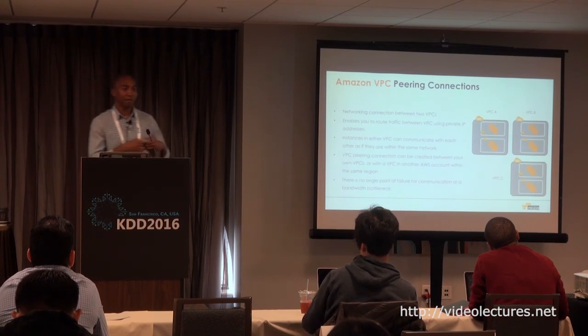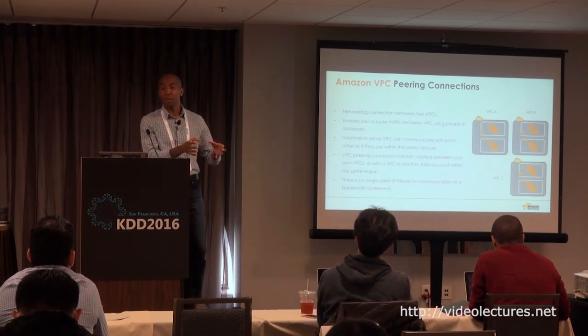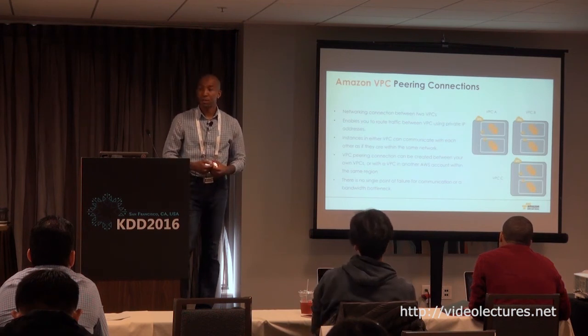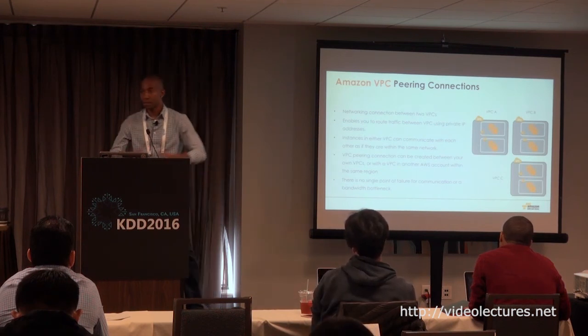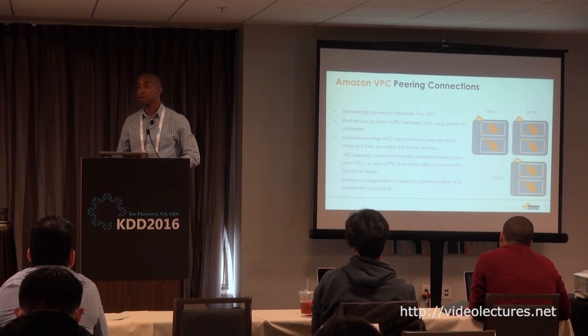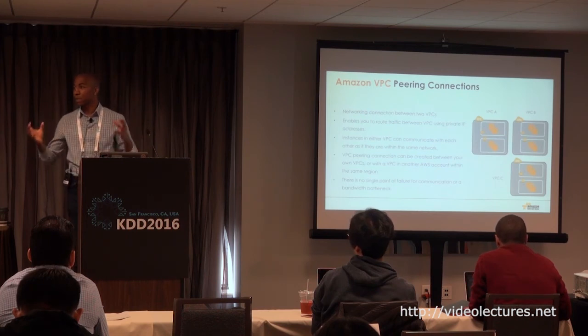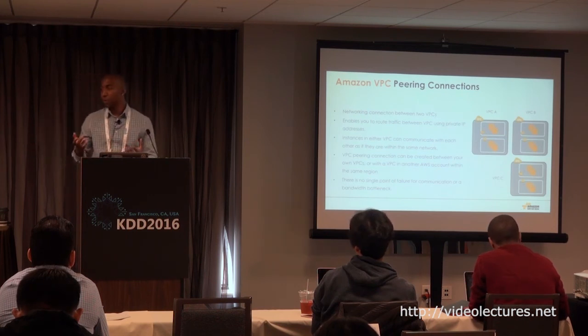So I can have Active Directory running in one VPC and extend that to other VPCs, allowing my instances to be part of that Active Directory domain. You can have a management VPC and a VPC that hosts production and test environments, and connect those as if they were one solution.